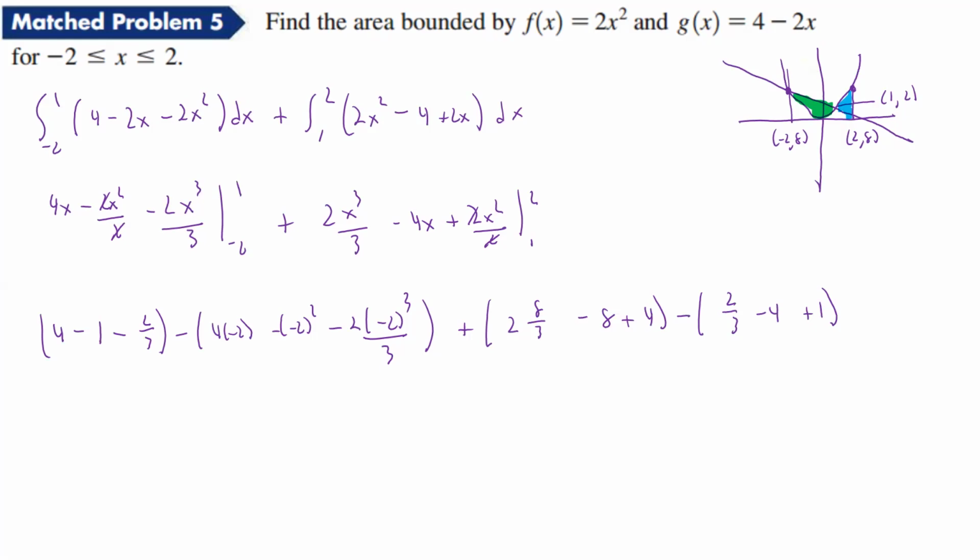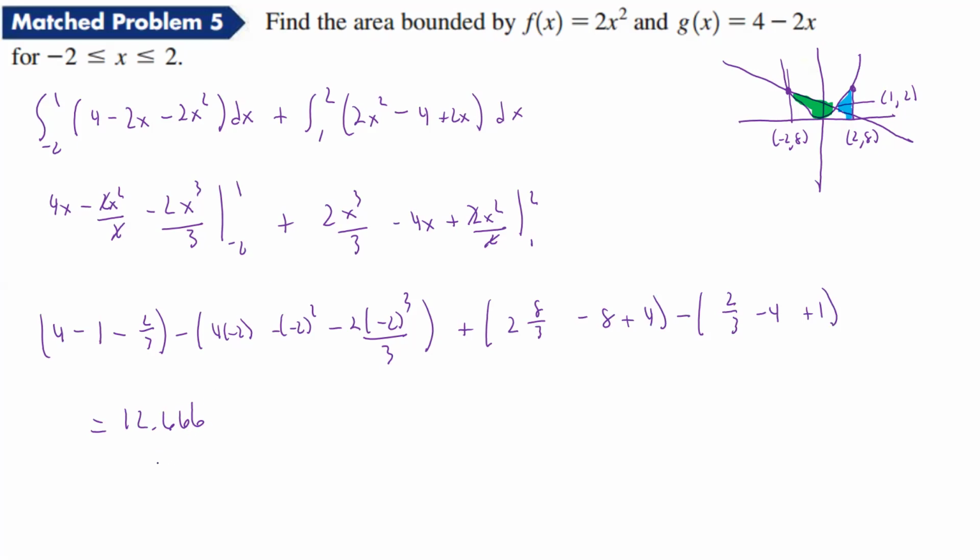And then we're going to have plus, it looks like, 8 times 2 is 16 divided by 3 plus, and then parenthesis 16 divided by 3 minus 8 plus 4 parenthesis minus, and then we'll have 2 divided by 3 minus 4 plus 1. And we end up with the whopping sum total of 12.66, and it's just repeating 6. So it's 12 and 2/3 basically. Okay, so that's going to be our area bounded.